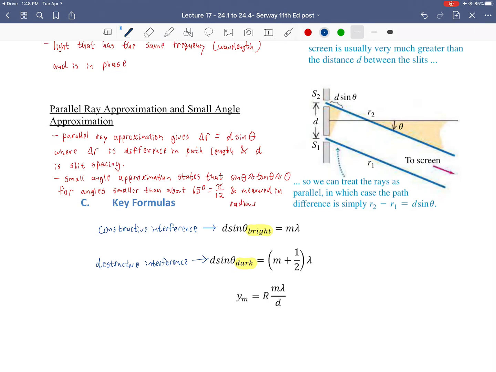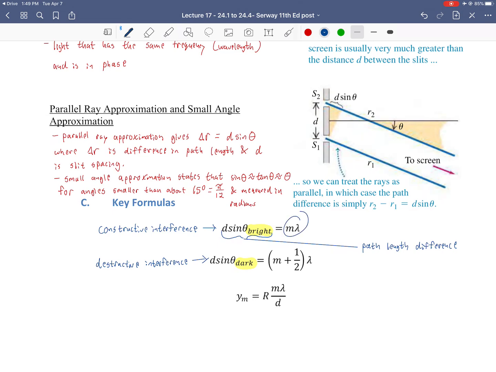Okay, so what's the condition for constructive interference? It's simply that their path length difference, because that's what this represents right here. This is the path length difference, d sine theta, by the parallel ray approximation.